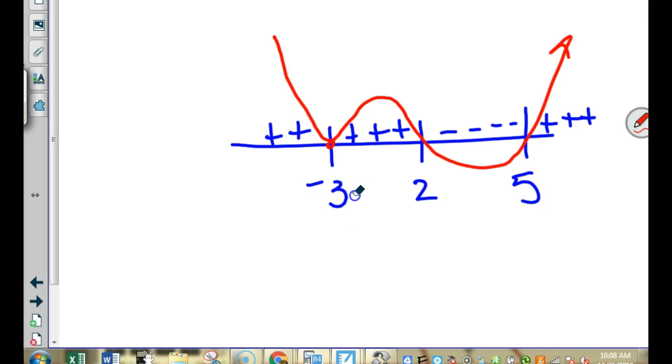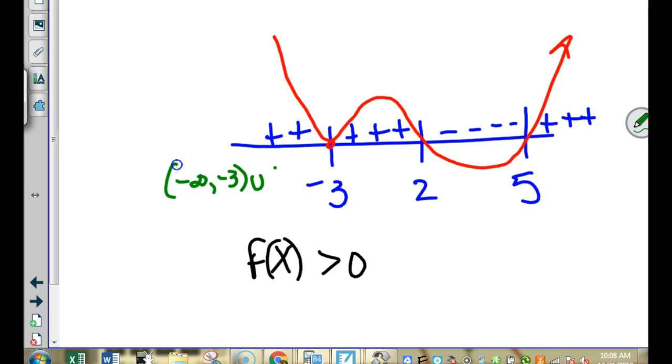Which actually my graph is not a rational function. I should have made it a rational function. I wasn't thinking. But as long as the question said, where is this function greater than 0, you would need this point, Kayvon, because you would have to say it's greater than 0 from -infinity to -3, again from -3 to 2, and again from 5 to infinity.